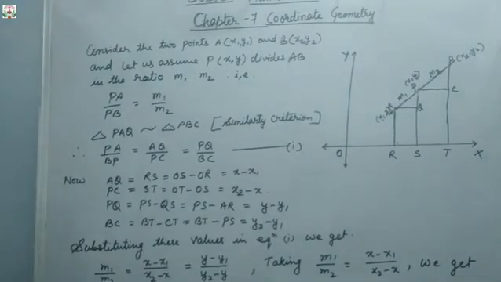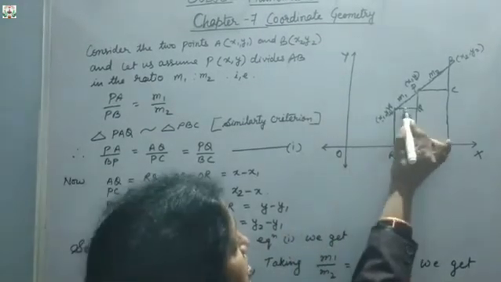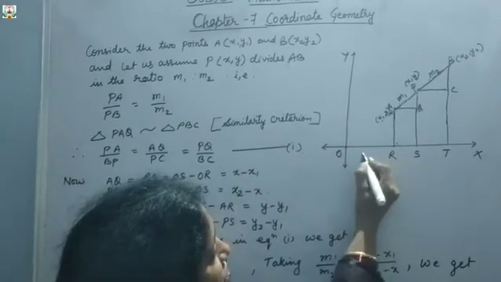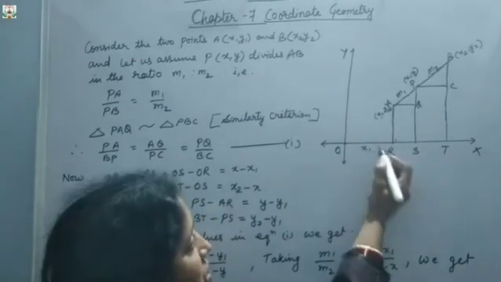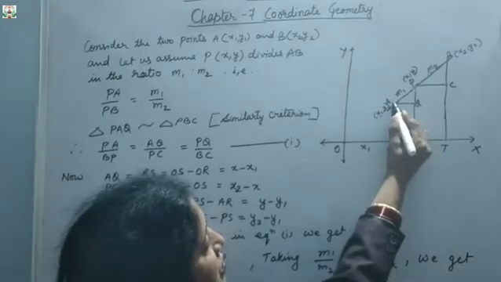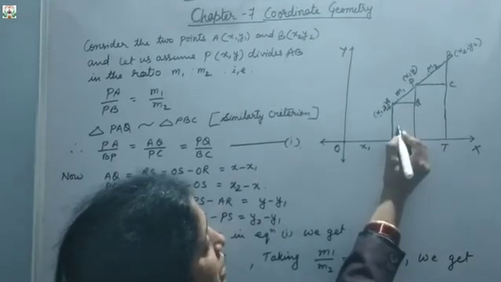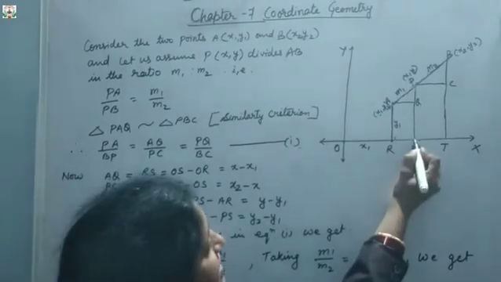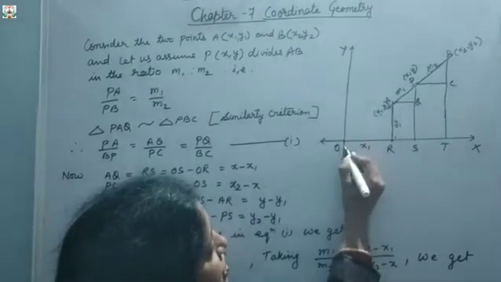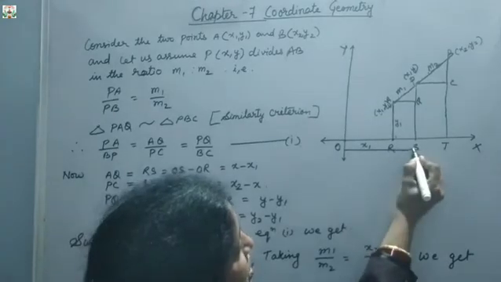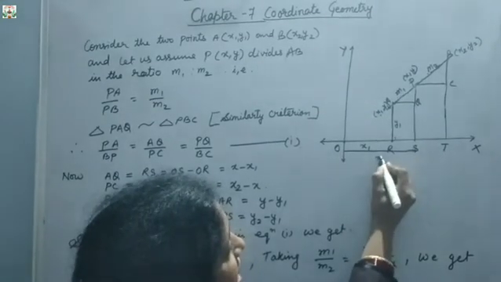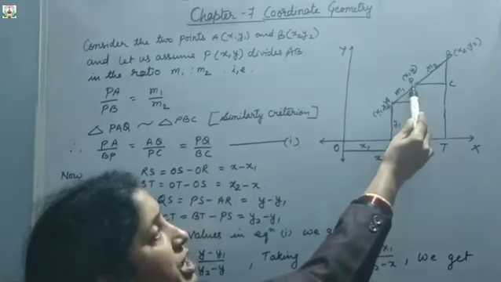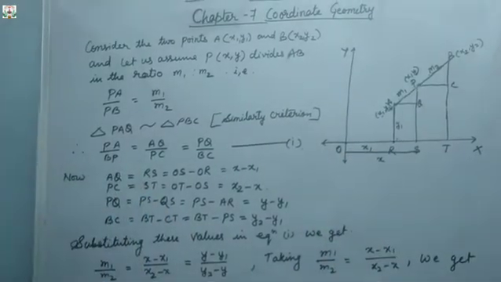Now, AQ is how much? This distance from the origin, we know, is x1, and this distance from A to this R point is y1. And this S point, the total distance from the origin to S, is x, because we have assumed that the coordinate of P is x comma y.